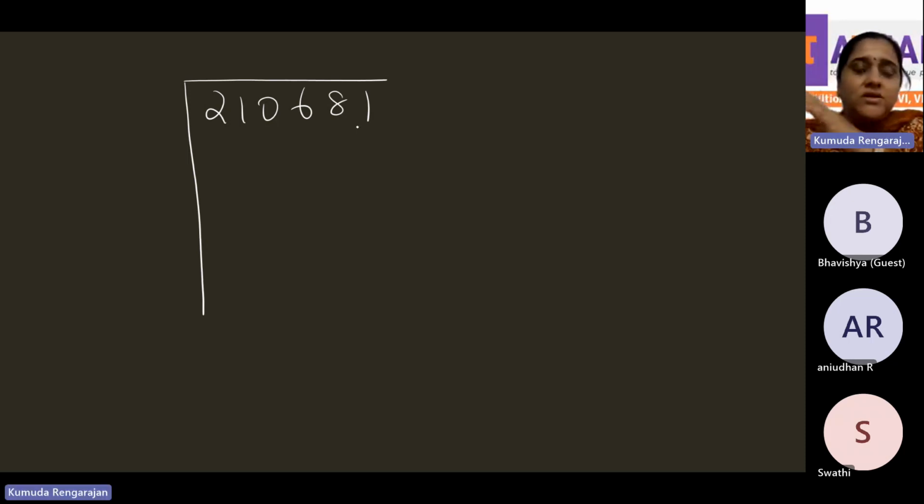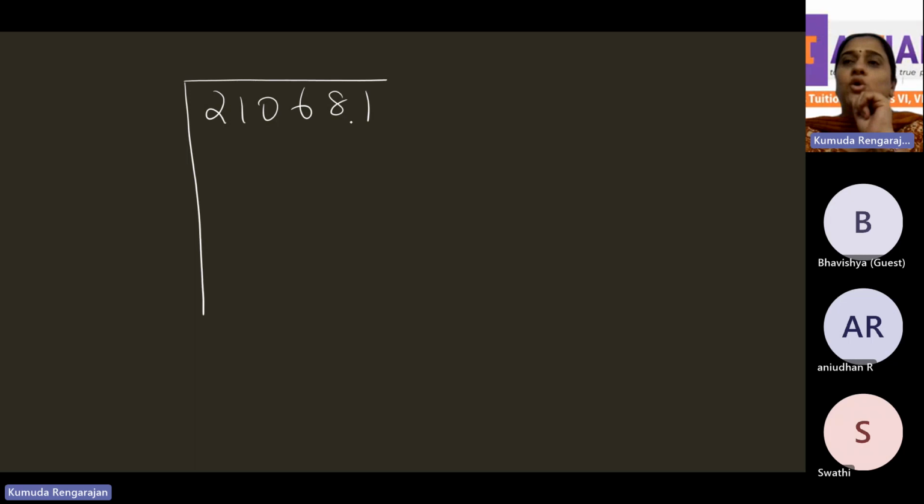Babisha, Swati and Aniruddhan, in fact, any of you here, if you know it, you can do it by yourself. If you want to know how, you can listen to me. So the first step is finding the square root of a perfect square using a long division method.